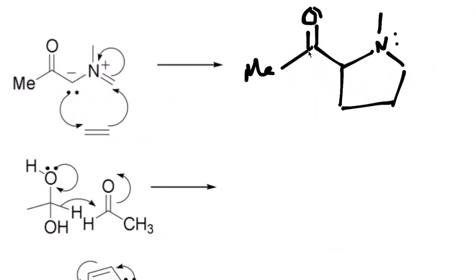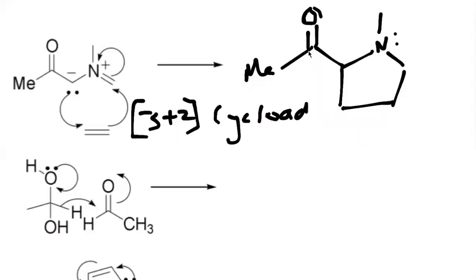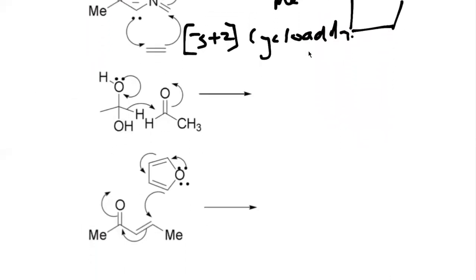And then you've got a lone pair on nitrogen, and everything else is neutral, right? This is an example of one of the reactions we talked about the other day. I forget who had this paper. It might have been Morgan, the paper that you did on Monday was a 3+2 cycloaddition. All right. What about the next one?